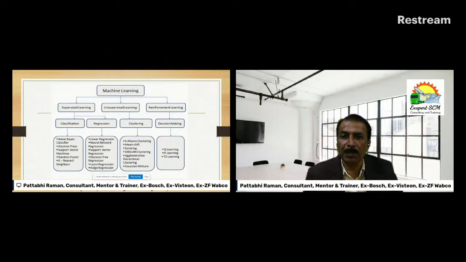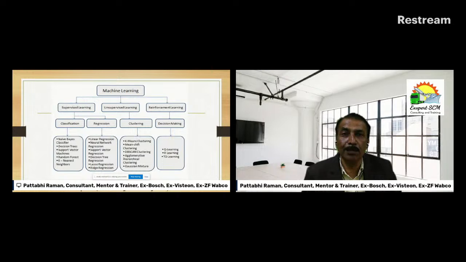So in supervised learning, the data is already labeled. We are already telling yes or no, this is male or female, and then feeding the system with new data, based on which it is going to do the classification or regression.